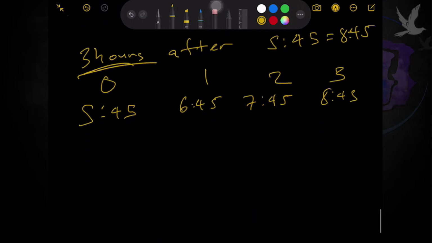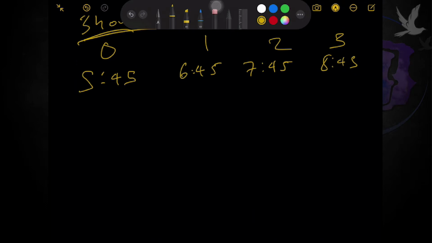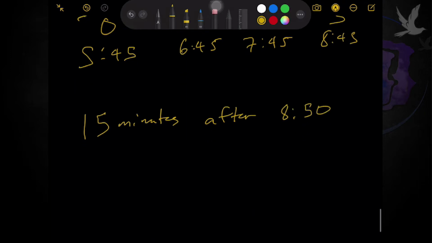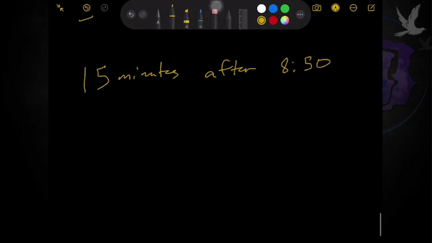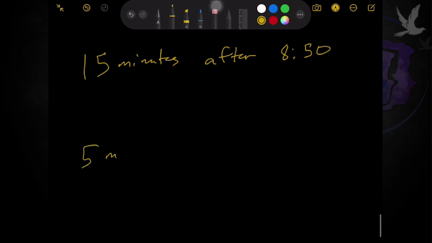Then again, you might encounter times, tignan ko muna. Okay. So there are situations that you might encounter, such as, let's say, 15 minutes after 8:50. Okay. All you need to do is to add. Technically, kasi kung I'll give you another example. Let's say 5 minutes after, let's say, 8:50 pa rin.